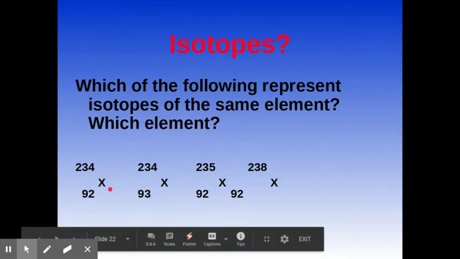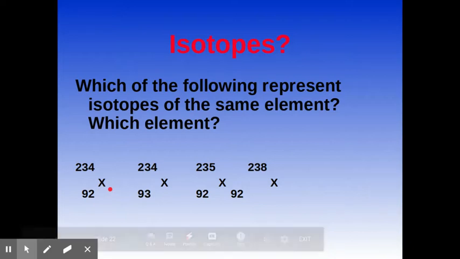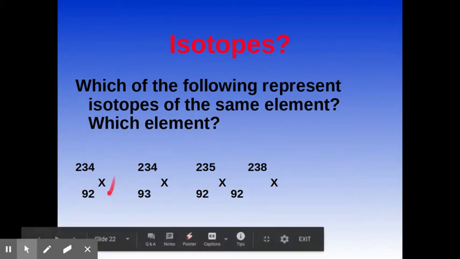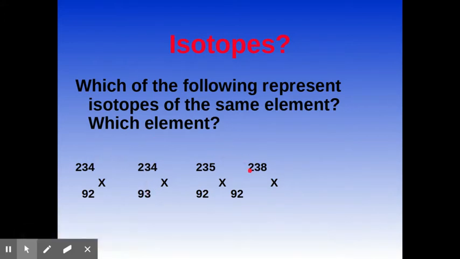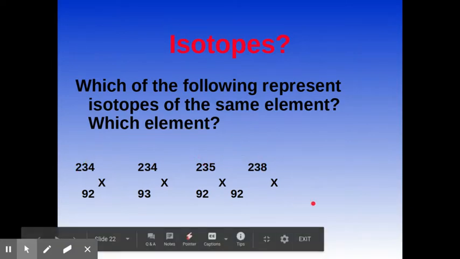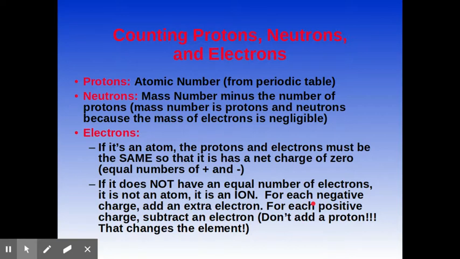If you were to look at your periodic table, you could look it up and say, oh, 92, that's uranium. And so all three of these are uranium. This is not uranium, that's neptunium, right? So it's got 93 protons in its nucleus. So the mass numbers on these are different, but that's just because they have different numbers of neutrons. They're still all uranium.